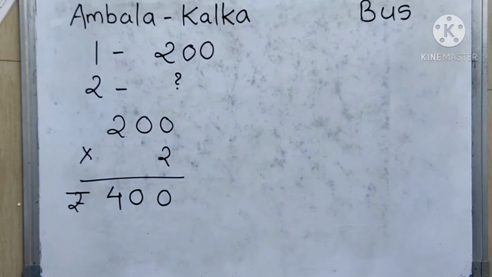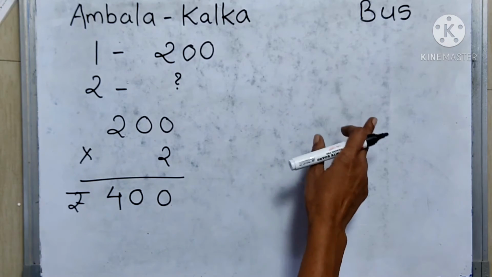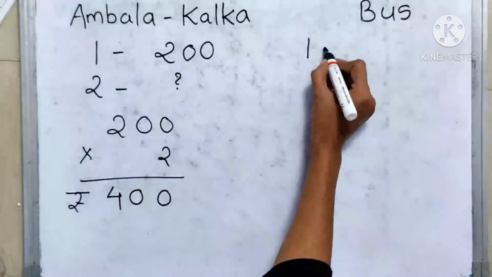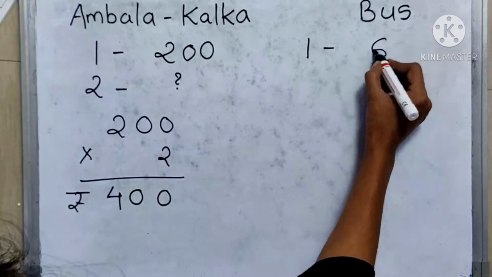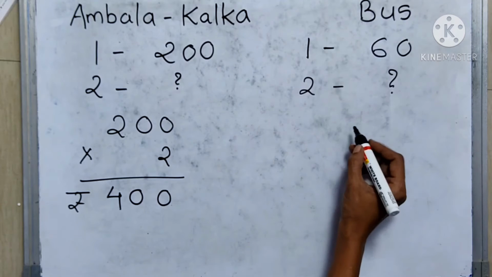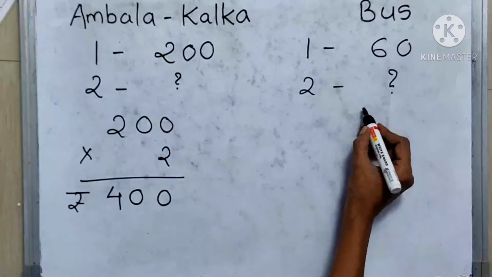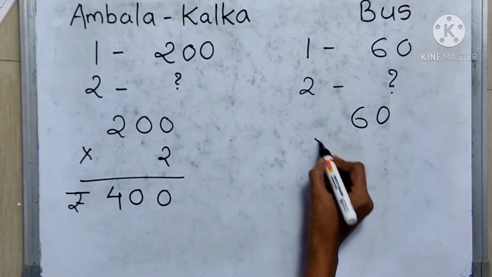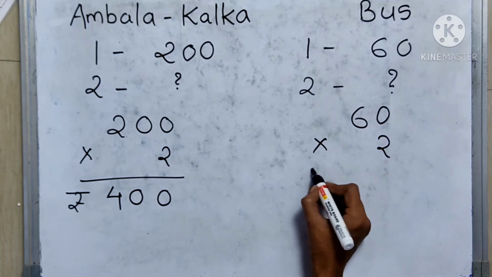Now we will calculate the cost of bus ticket. For one person, the ticket is 60 rupees and we have to find out for 2 persons. Again use here multiplication method. 60 multiply by 2.